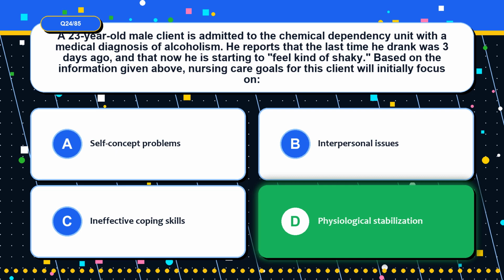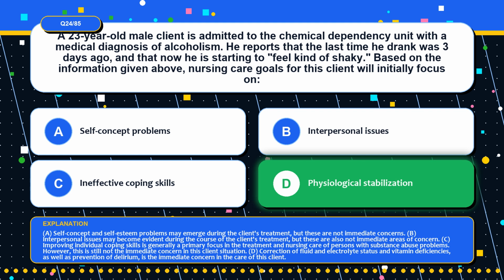The correct answer is option D, physiological stabilization. A. Self-concept and self-esteem problems may emerge during the client's treatment, but these are not immediate concerns. B. Interpersonal issues may become evident during the course of the client's treatment, but these are also not immediate areas of concern.